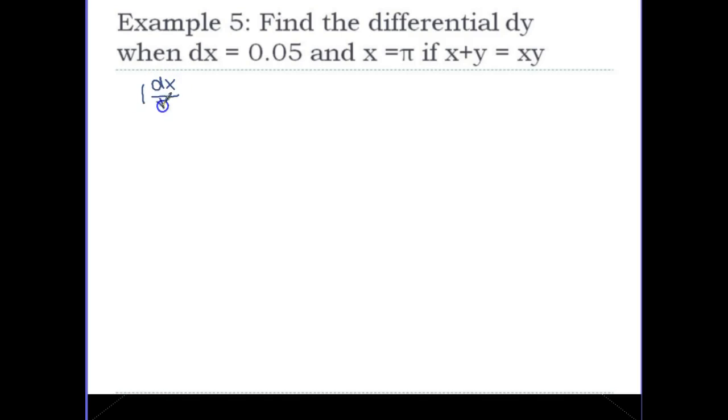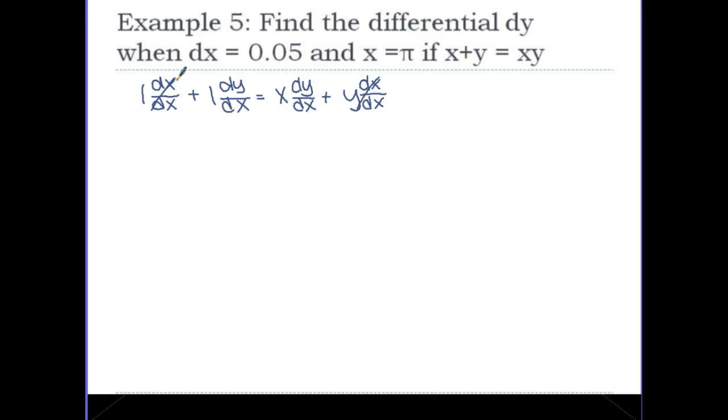If you want to, you can go back to dx dx. Derivative of y would become 1 dy dx. And then x times y is a product rule. So it's first times derivative of the second plus second times derivative of the first. All the dx dx's are 1s.